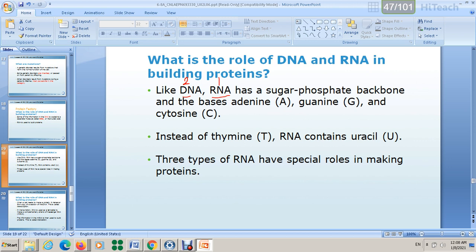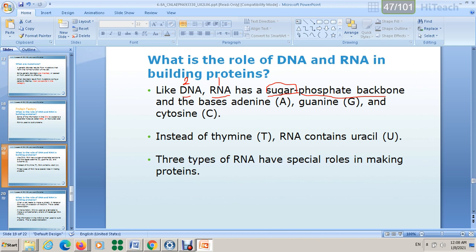Then, what are the components of RNA? RNA is also a nucleic acid, so it has nucleotides. It has a sugar, but this type of sugar in RNA is different from the sugar that makes up the DNA. It has phosphate; sugar and phosphate are the backbone.